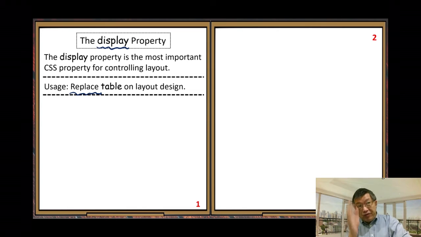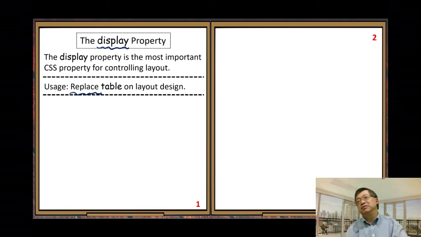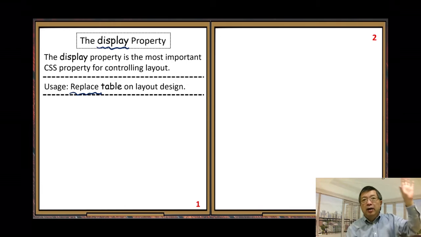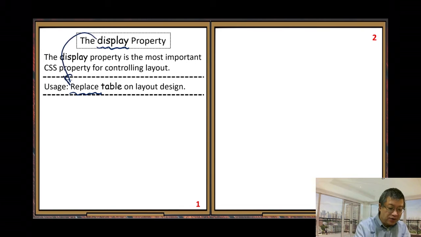Before the CSS technology was created, people always used the HTML table element to do the layout. That's the old way of layout. Now the new way, the CSS way of layout, replaces the old way. The display property is used to replace the old way.